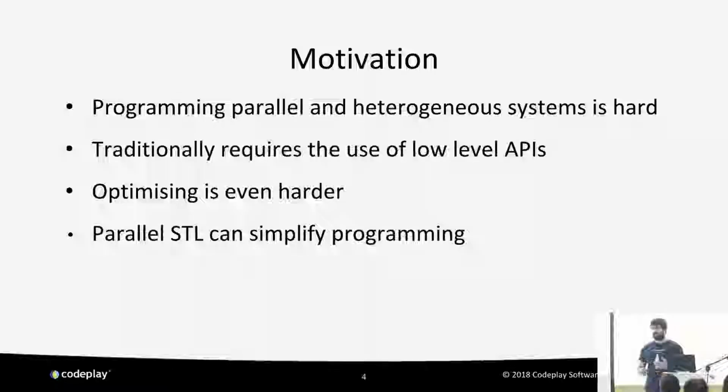But optimizing for these systems can be quite difficult as well because you'll be working with a variety of different heterogeneous devices, all of which have different hardware characteristics. And so when you need to transfer data from one device to another, if you don't do it well, then you can suffer performance hits.